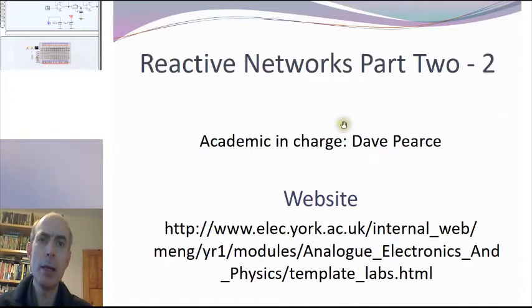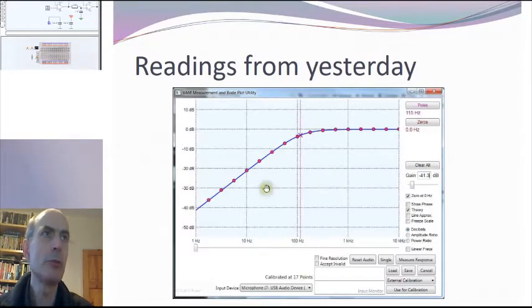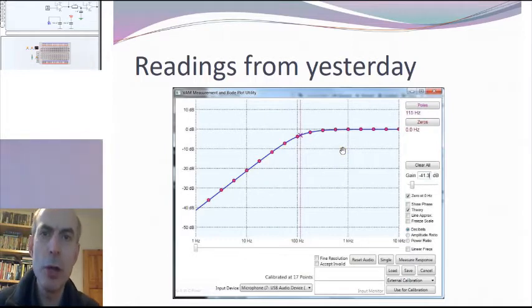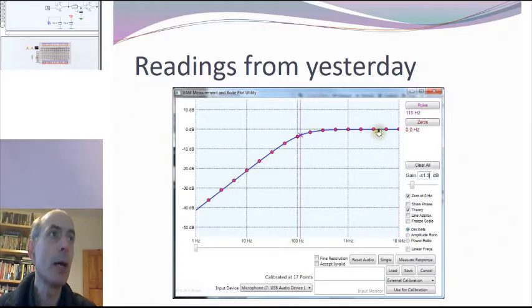Now, last time you should have, ideally, produced a set of 6 results, one of which would have looked something like this. The blue theoretical line going through all of the red measured points, and the poles and zeros and gain that set the theoretical line through the measured points should have agreed with your theoretical predictions of what each of those networks should do.